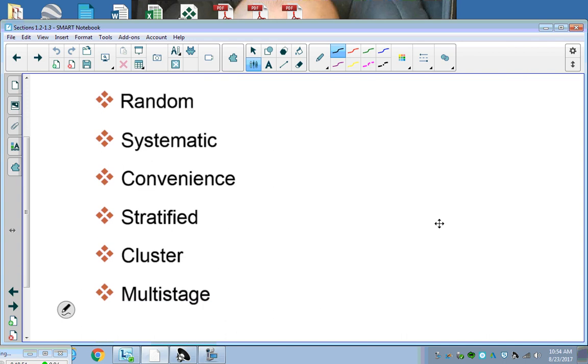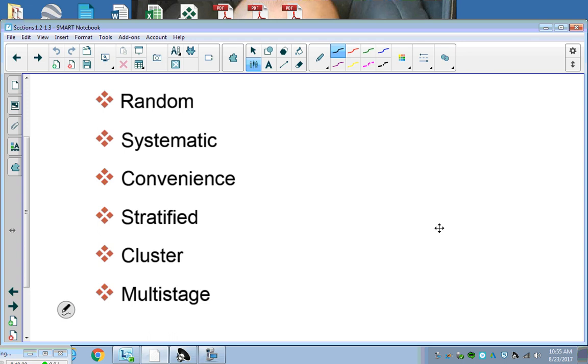So our methods of sampling, just to remind you: random, just randomly pull. Systematic is what? Every Kth person or every 5th person or 7th person or 12th person. Convenience? Yeah, I'm just going to ask, put it out there and see who responds.